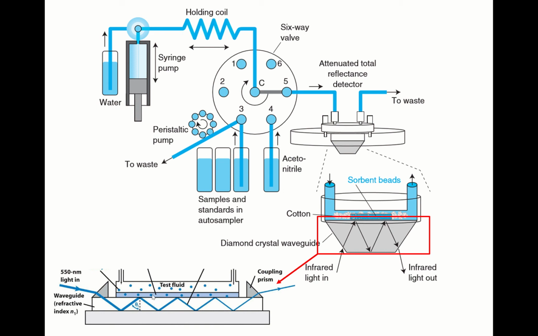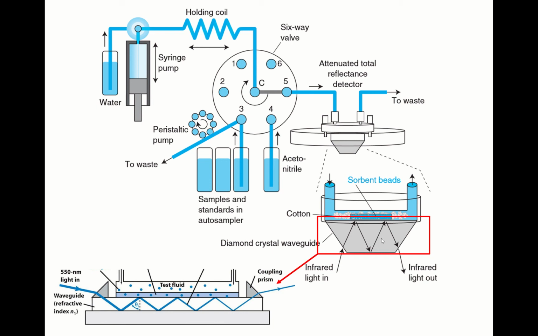When your sample is within this penetration depth, it can be detected by this wave, and here you only detect this light, and this light conveys the information about your sample. This is the beauty.